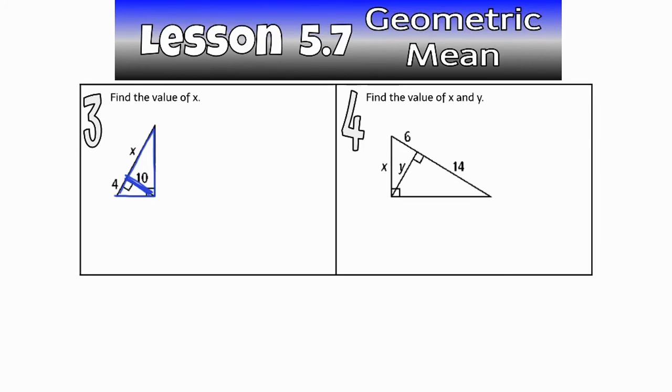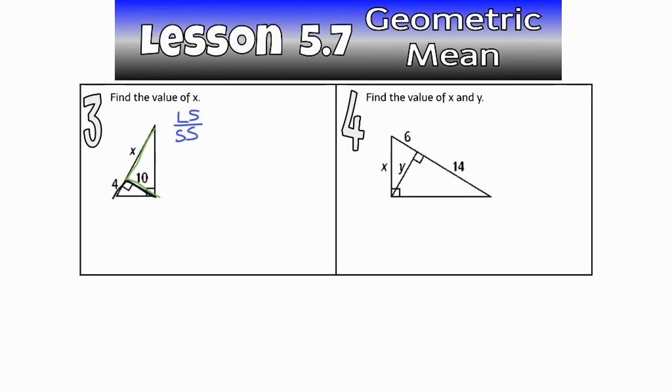So what I'm going to do here, I have long side and short side, and long side and short side of here. So this is going to be long side divided by short side.